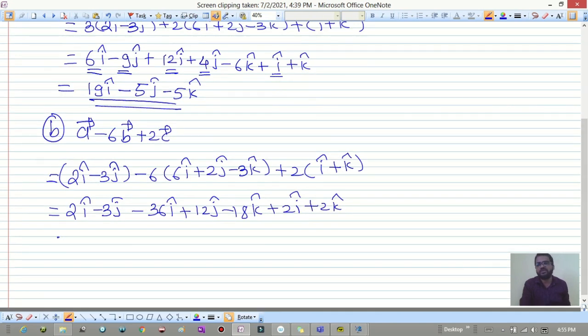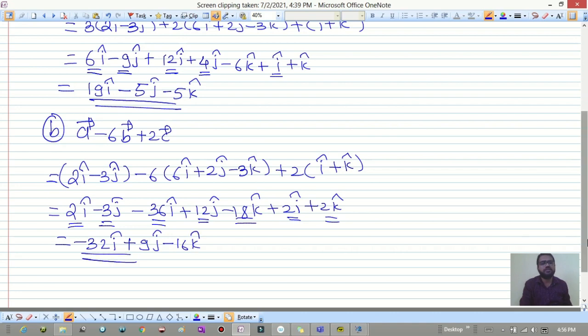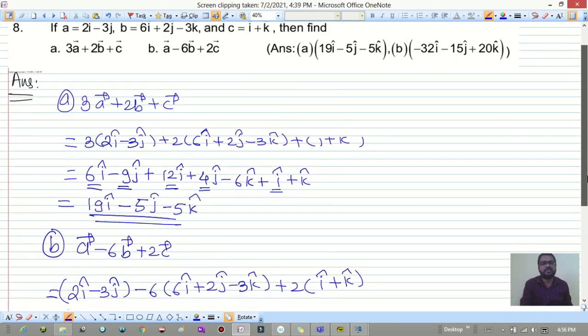And as you can see over here, this is 2i hat, this is minus 36, it will become minus 34, and 2, minus 32i hat, minus 3j plus 12, plus 9j hat, and k hat, as you can see over here, minus 18 plus 2, minus 16k hat. So this is the B answer, right?